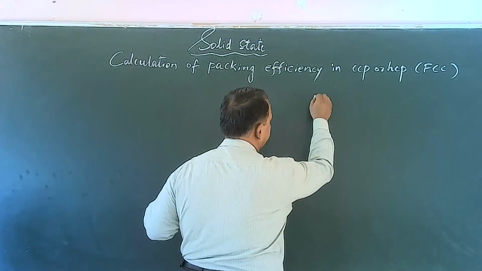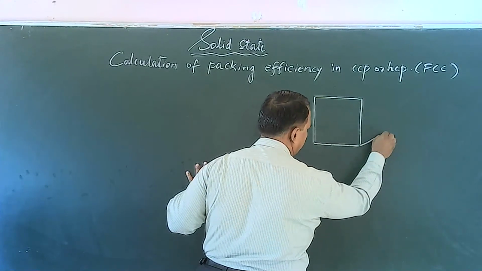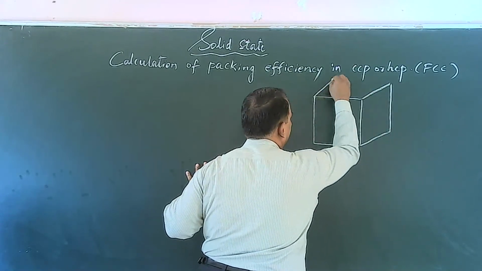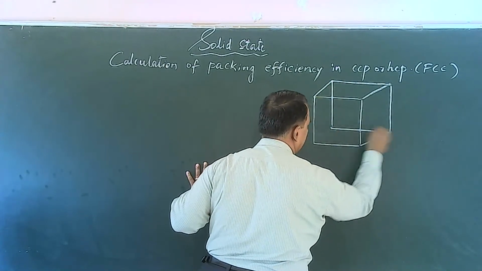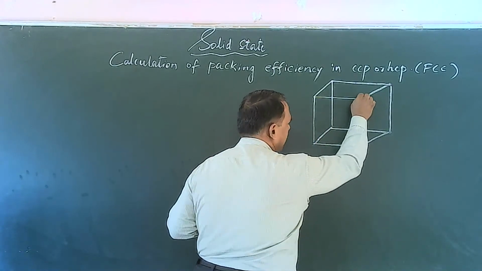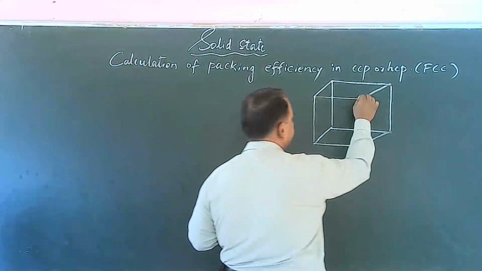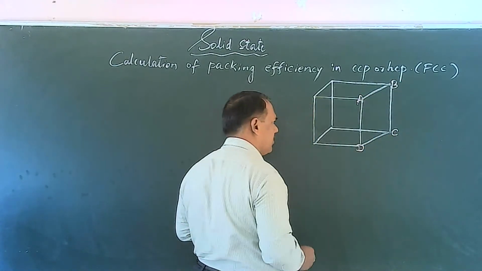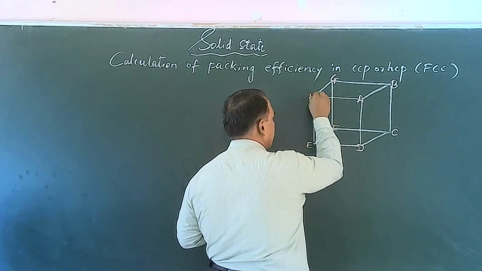I am going to draw this. This is the face diagonal. We call this A. I will write with colored chalk. This is A, B, C, and D. Are you clear? So this is E, F, G, H.